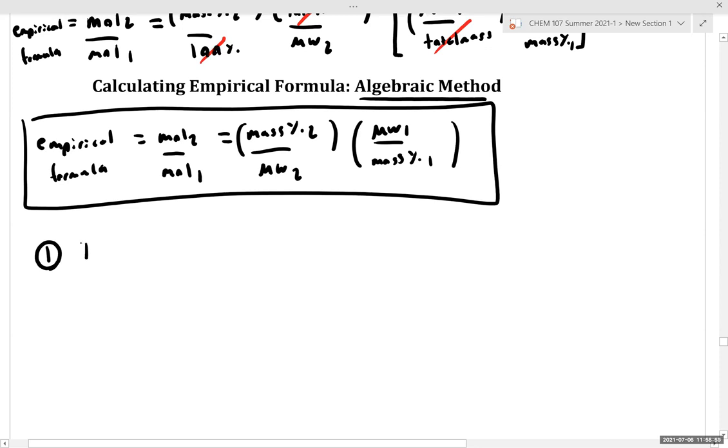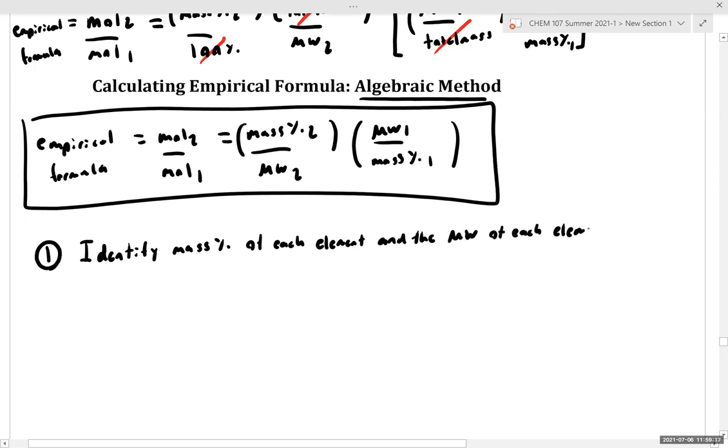So first, if you're going to use the algebraic method, you want to identify the mass percentage of each element and the molecular weight of each element. So let's suppose you have the mass percentage of element 1, the molecular weight of element 1, the mass percentage of element 2, and the molecular weight of element 2.